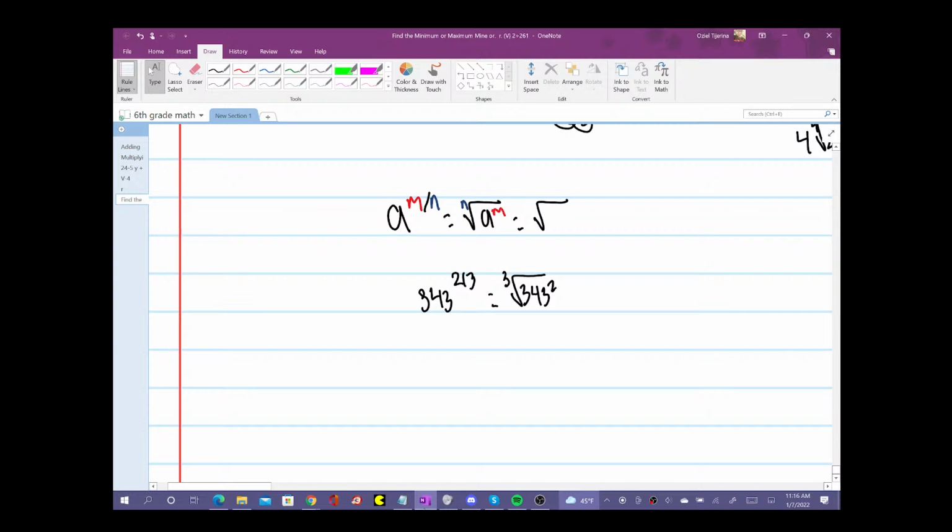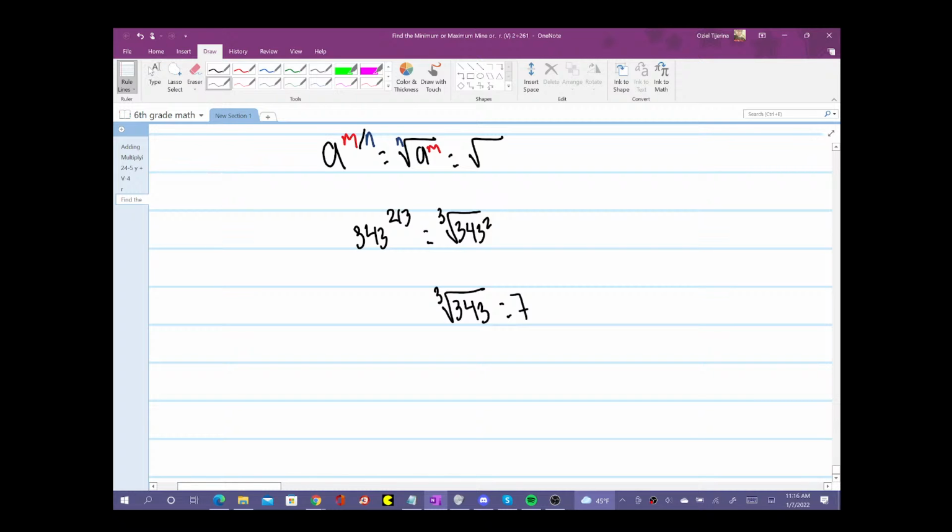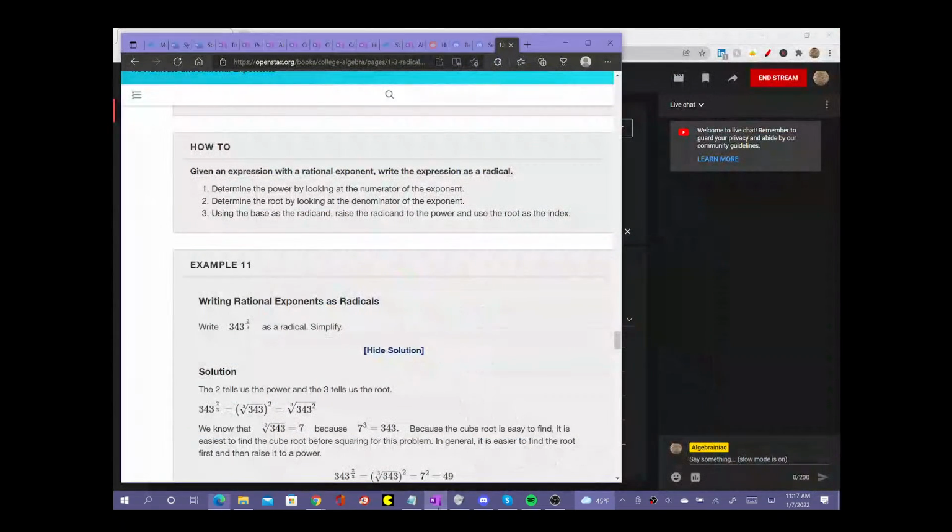The cubed root of 343 is actually 7. So the cubed root of 343 squared equals the cubed root of 343 times the cubed root of 343.